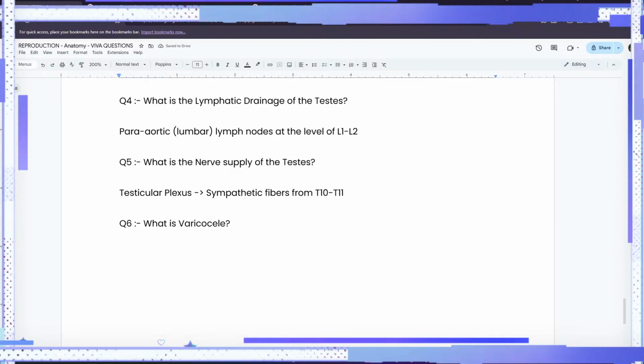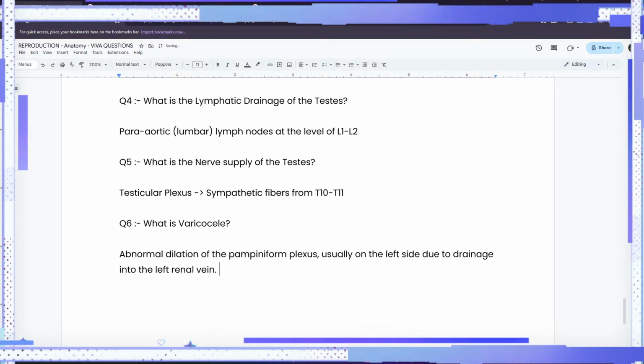So varicocele is an abnormal dilation of the pampiniform plexus, usually on the left side due to the renal vein.